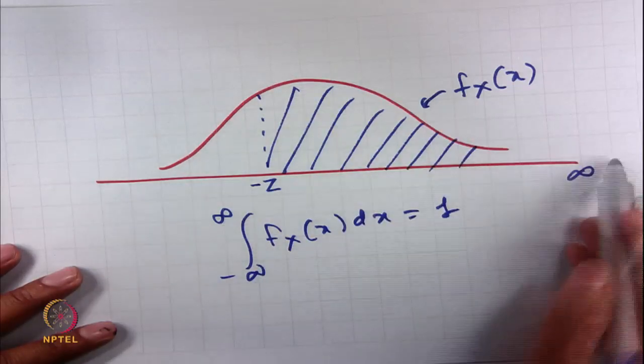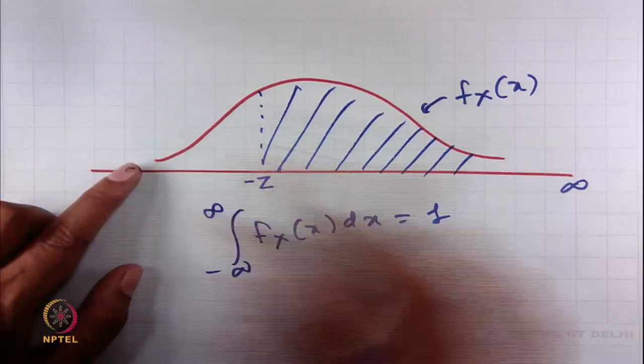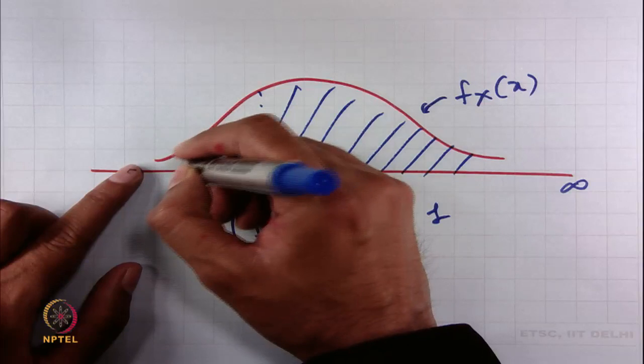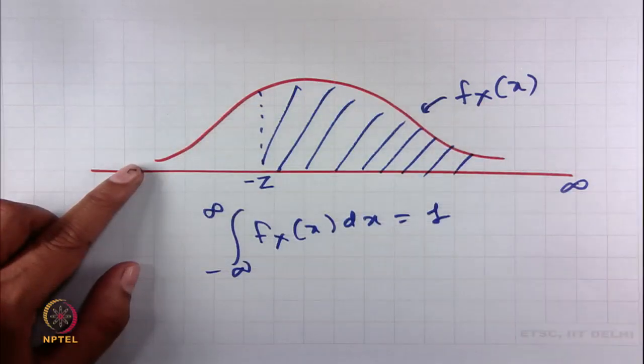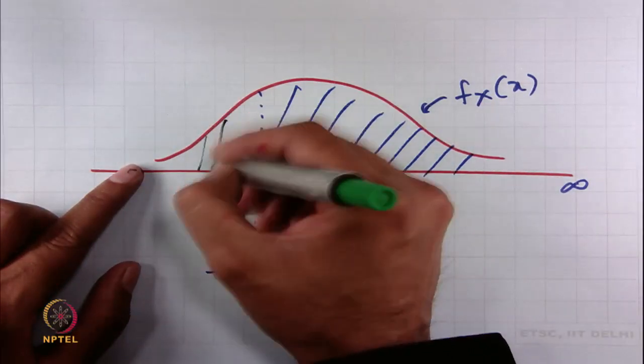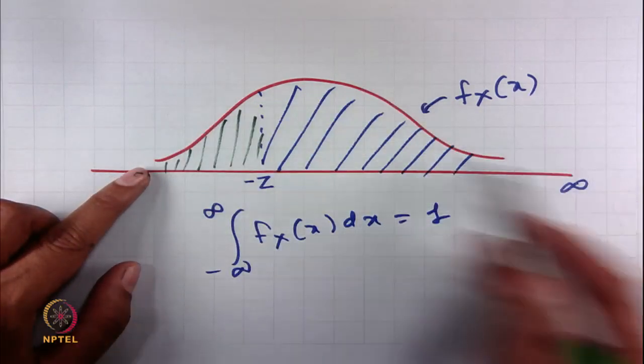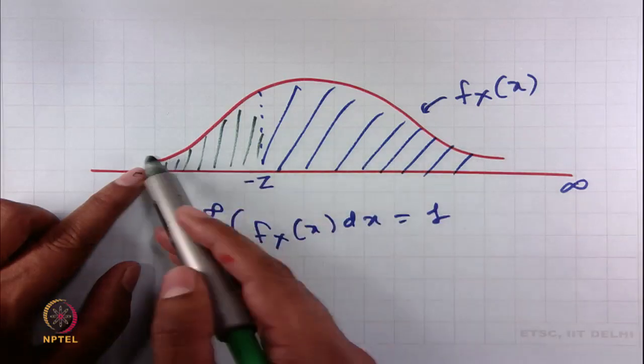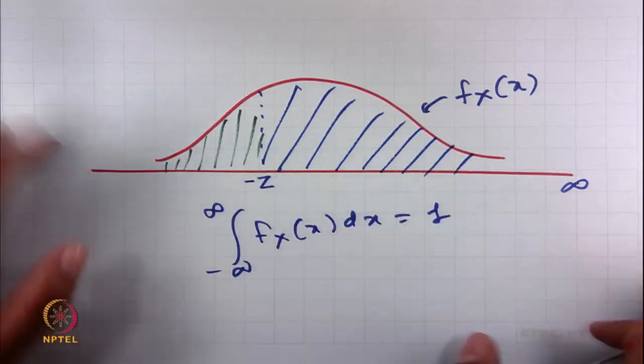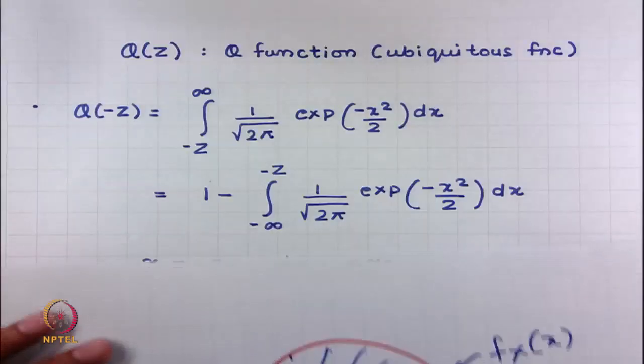and this area would be nothing but 1 minus this area, it is green area. Okay. So, if the total area is 1, the blue area is 1 minus green area. So, this is the idea that we are using.